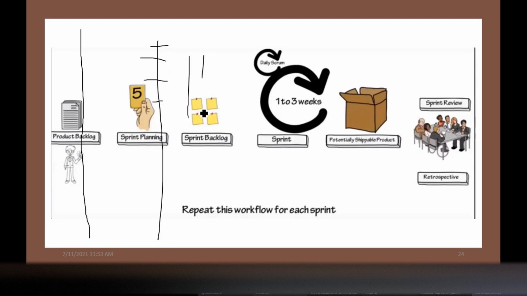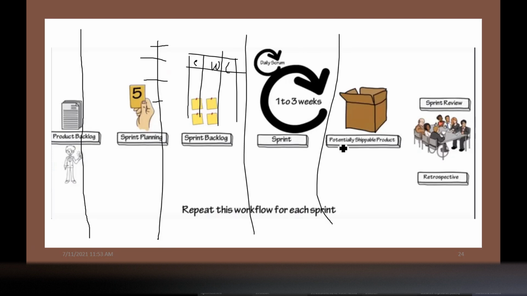You have columns to visualize the behavior: what are the things that you have to do, what are the things in work in progress, and what are the completed tasks. For a given sprint, you might have 1 to 3 weeks and there might be a daily scrum, so each and every day you will describe progress.